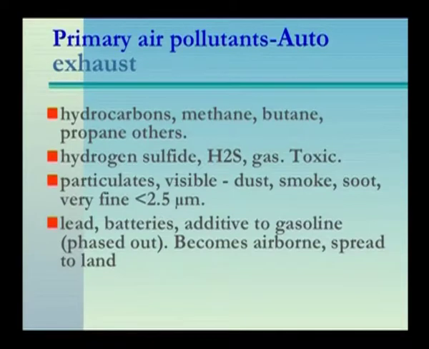Hydrogen sulfide, H2S gas, which is extremely toxic. Particulates, visible ones like dust, smoke, soot, and very fine ones lesser than 2.5 micrometers. Lead from batteries and as an additive to gasoline becomes airborne and spreads to the land as well.